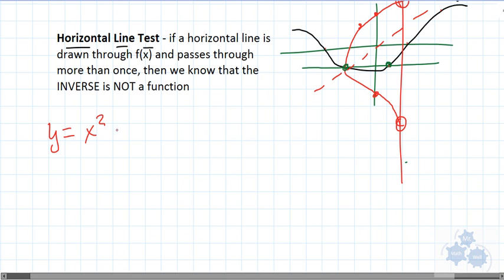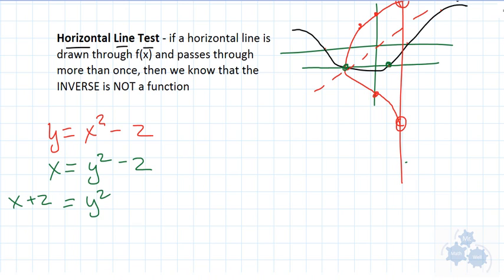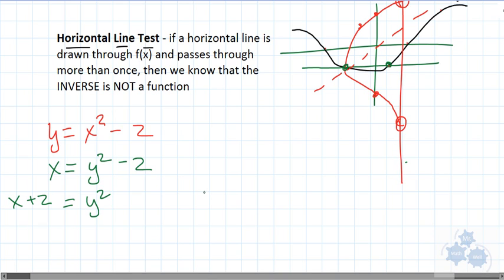That was y equals x squared minus 2. So the inverse is going to be x equals y squared minus 2. And now I have to get y by itself. So let's add 2 to both sides, and then let's square root both sides.